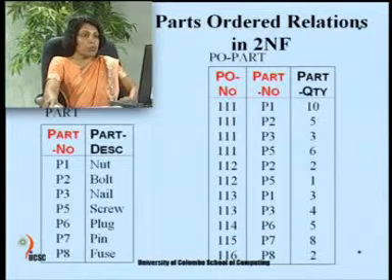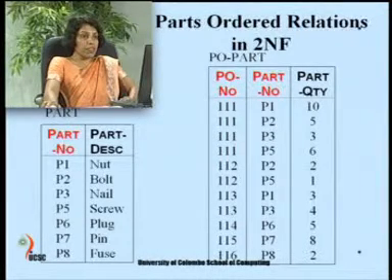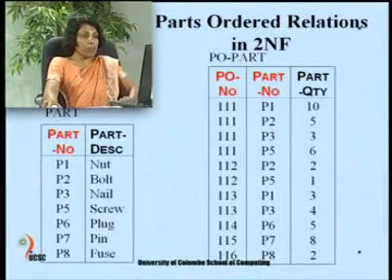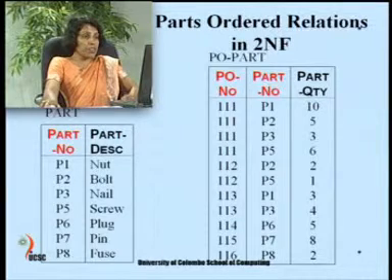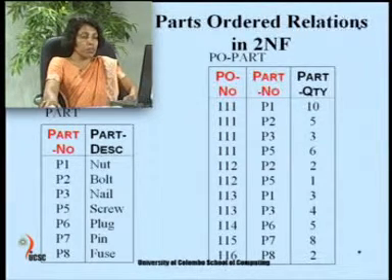So the situation would be something like this. We had one relation called purchase order part, and after going through the second normal form, we get two relations, that is part and purchase order part.